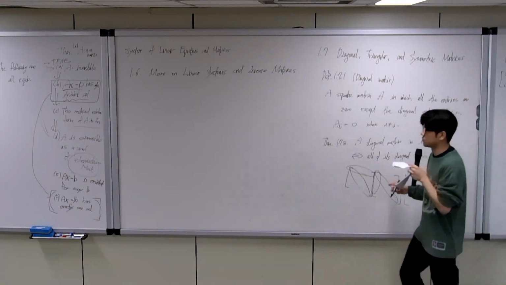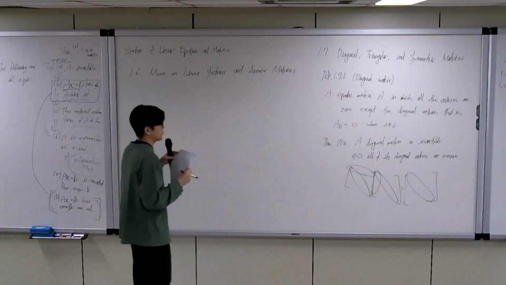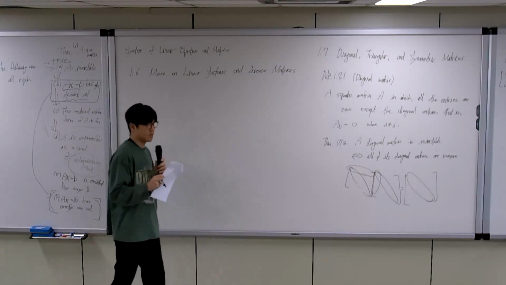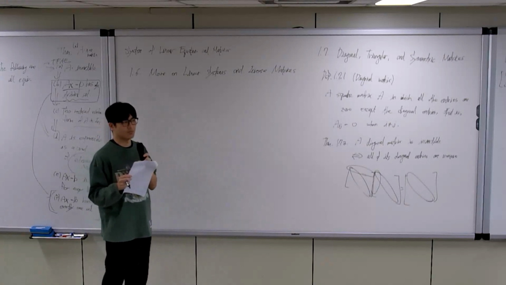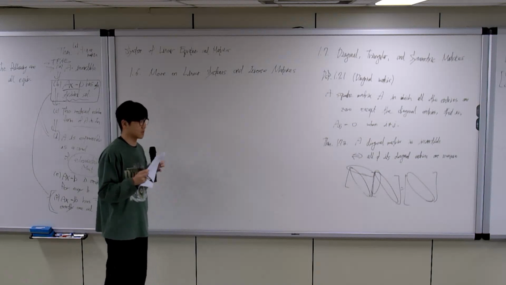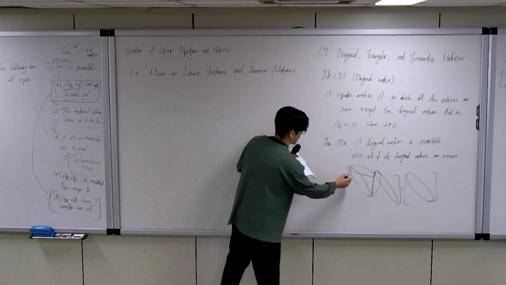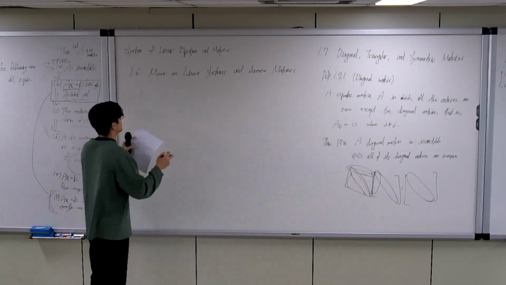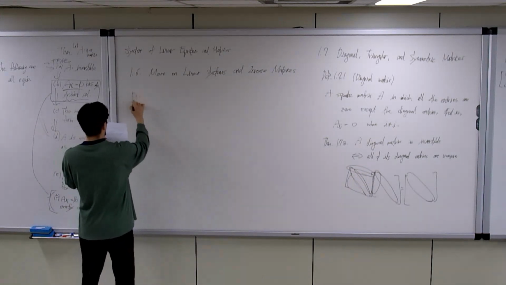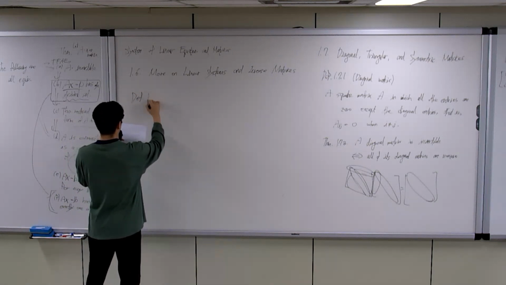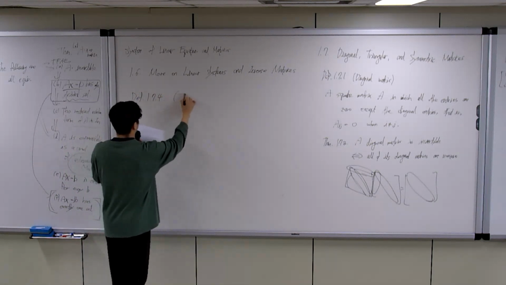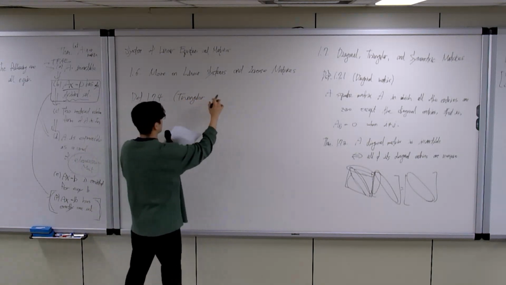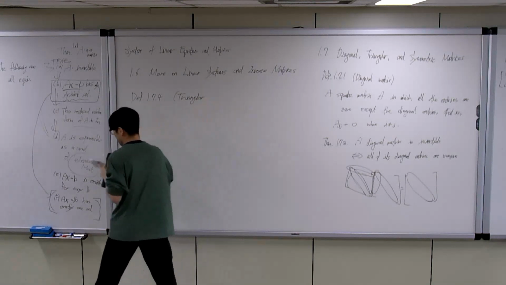And so it is very useful in matrix systems, but its condition might be strong because there are no entries in other positions. So we will define a more generalized matrix, which is called the triangular matrix.